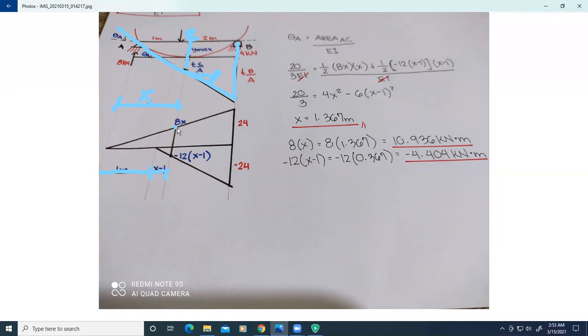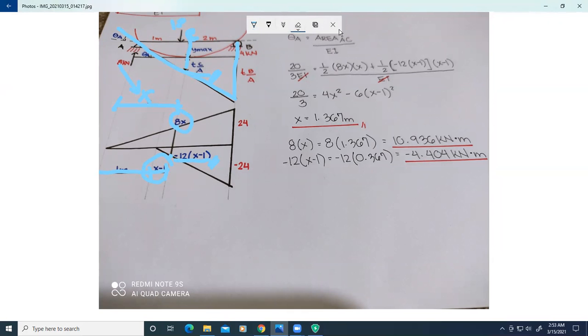So for the magnitudes of the triangles, I just multiplied 8 times X. So here is the magnitude. So here, the magnitude will be 12 times X minus 1. So here, negative 12 times X minus 1.